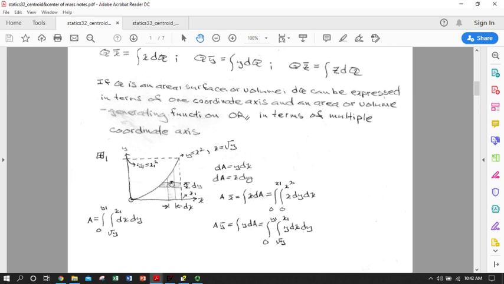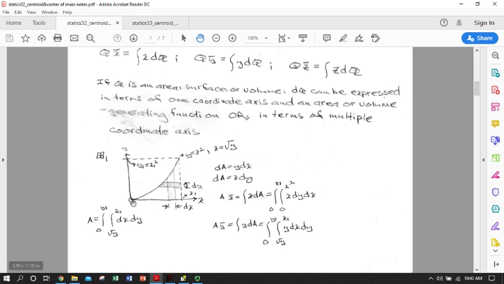And what that'll do is create this horizontal strip. So for every y position, I'm going to make a horizontal strip. So once I have this horizontal strip defined, then I'm going to integrate with respect to y and add up all the strips from y equals 0 to my upper y limit. And that would give me the total area.